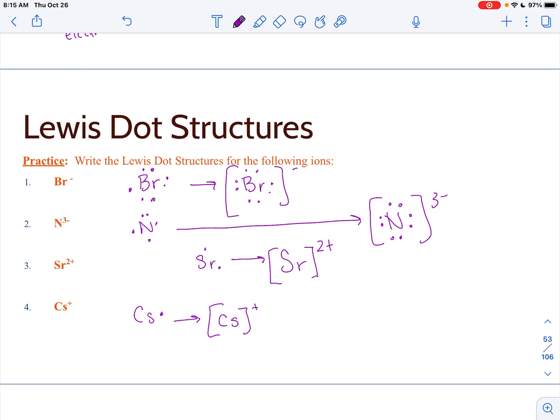And you might start to notice a pattern here: all the nonmetals end up with 8 dots around them, and all the metals end up with no dots around them. That is so that they can follow the octet rule that we talked about when we did bonding. Nonmetals all have 8 because they seek out electrons to fill up their outer shell.